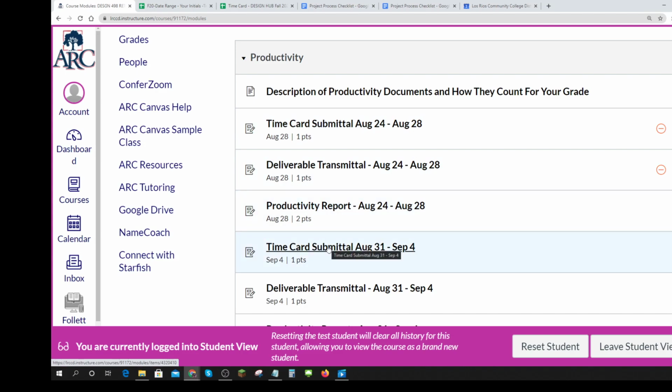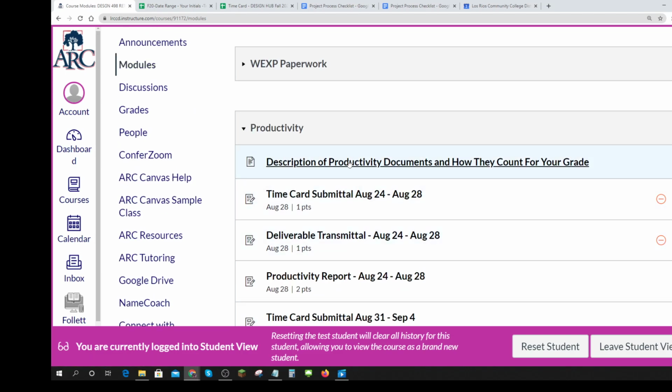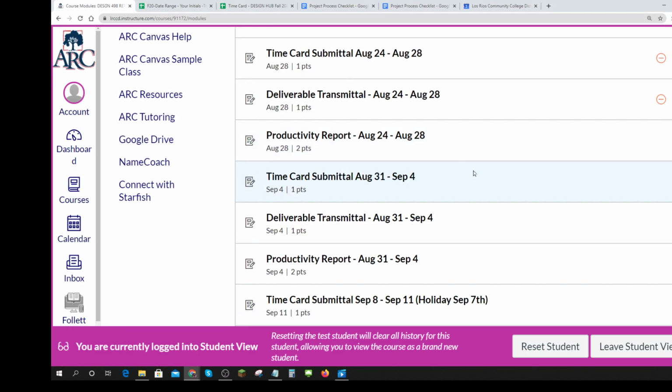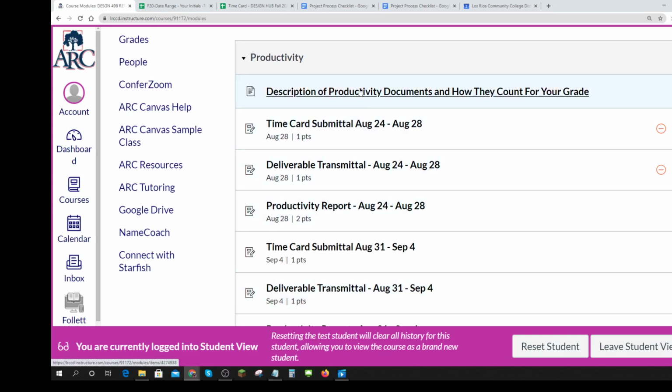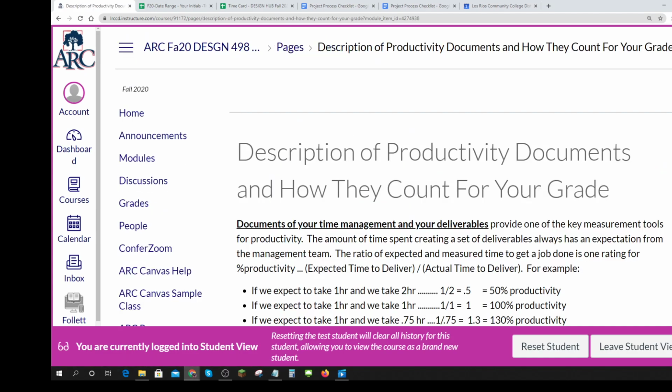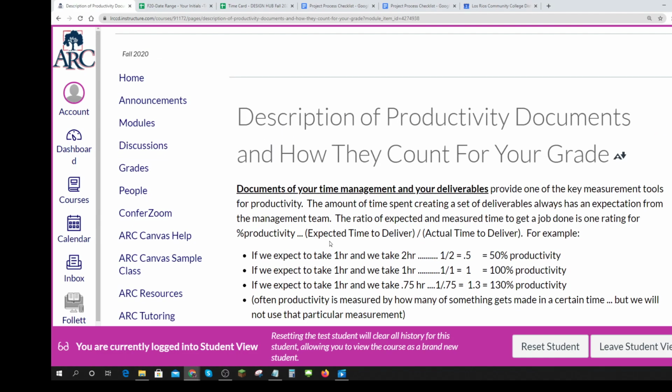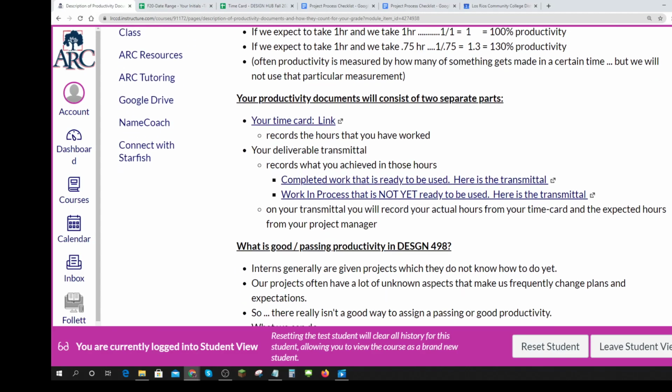Time card. No, that's not where you find them. That's where you put them. You put them in your time card, deliverable, productivity report. And how you do them is up on the top one. Productivity report is the hardest one.